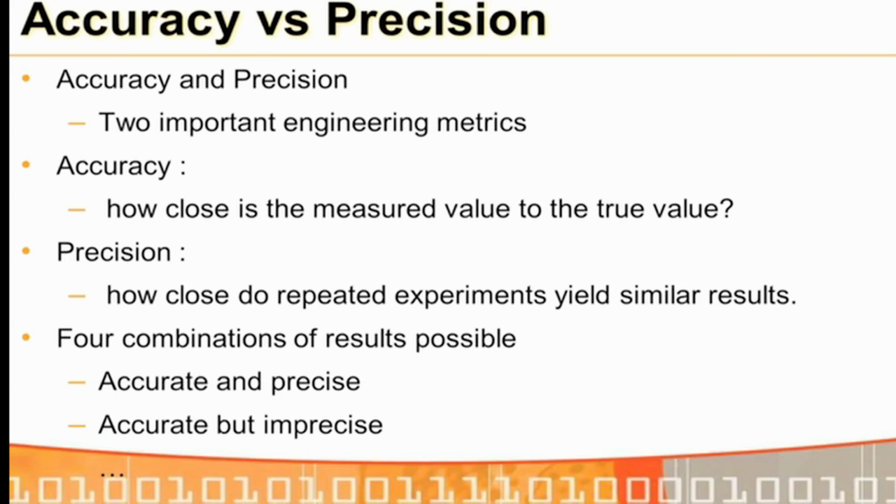If I repeat the experiments and I get almost the same result, then I say my arithmetic is precise, right? So accuracy means how close is the measured value to the actual true value. Precision is how close repeated experiments yield similar results. This is the difference between accuracy and precision.